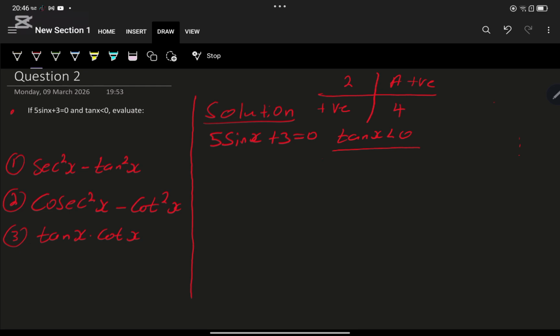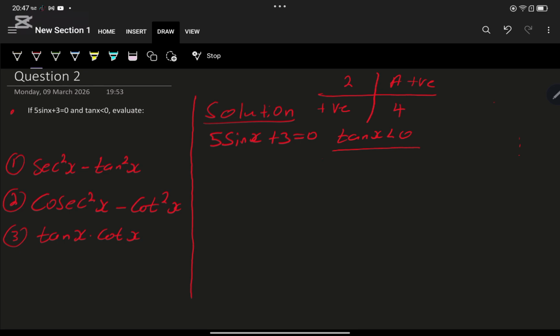Only in the fourth quadrant and the second quadrant is tan negative. That means our terminal arm of angle x lies in either quadrant number 2 or quadrant number 4. So how can we ensure which one it is?